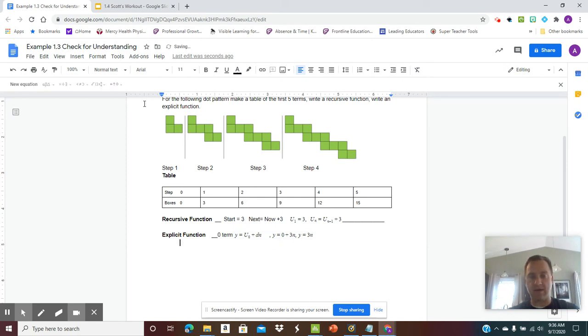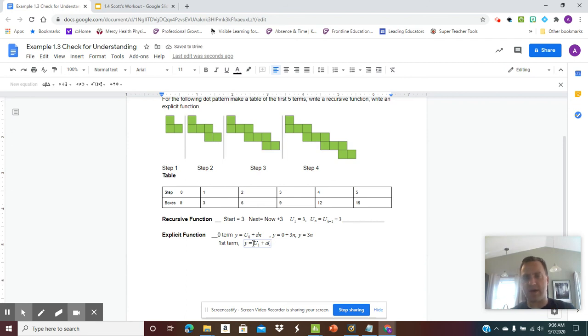Now, I'm going to enter down and then tab over. And then let's say if you started from the first term, here would be your equation. So y, oops, let me just insert a new equation so that it has the cool italic script. So y is equal to u sub 1. So I hit capital U and then subscript 1, and then cursor over, and then plus d times.